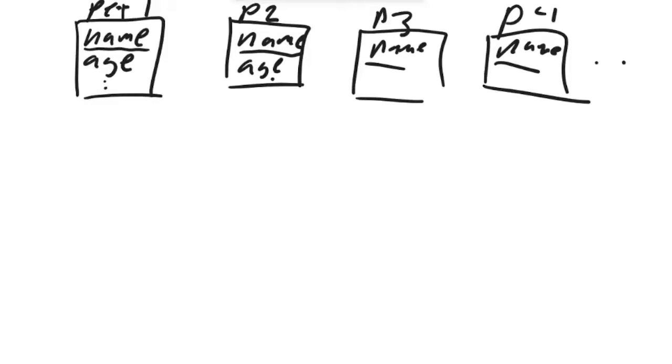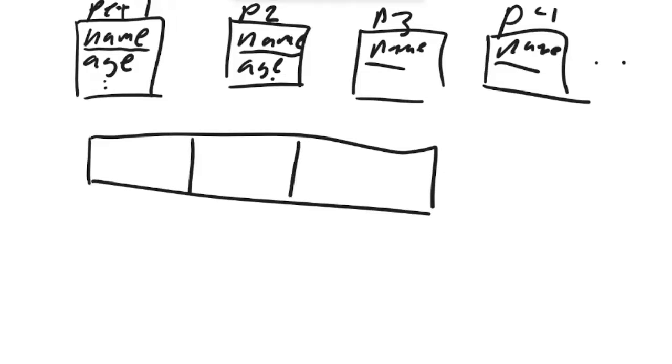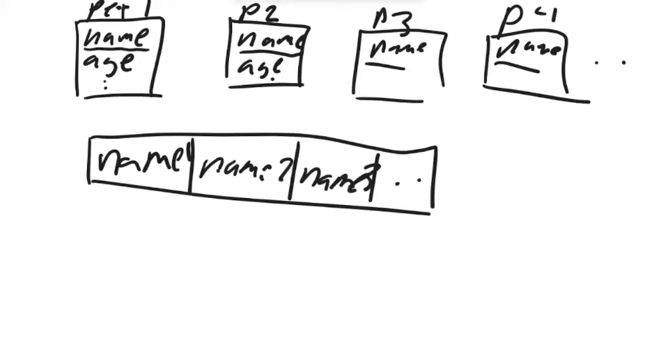So instead of writing code where we say something like, I don't know, we create an array, and inside of there we store name 1 and name 2 and name 3, so on and so forth.